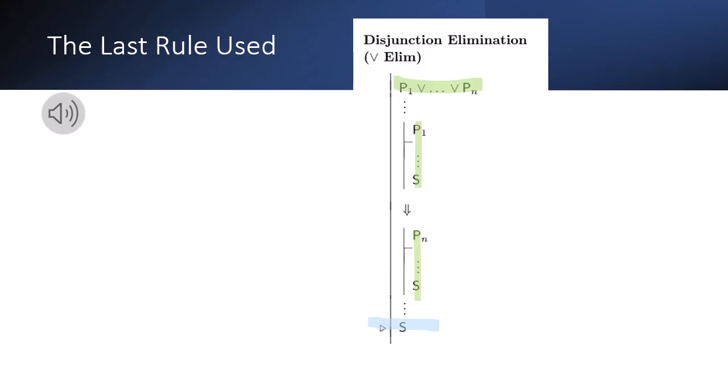However, before we jump into talking about subproofs, let me just point out that all of the arguments that we used for the base case and any of the rules that didn't use any subproofs basically still hold here.